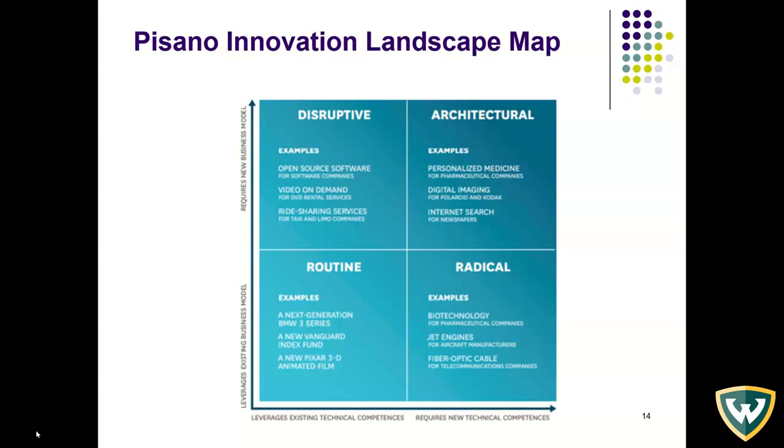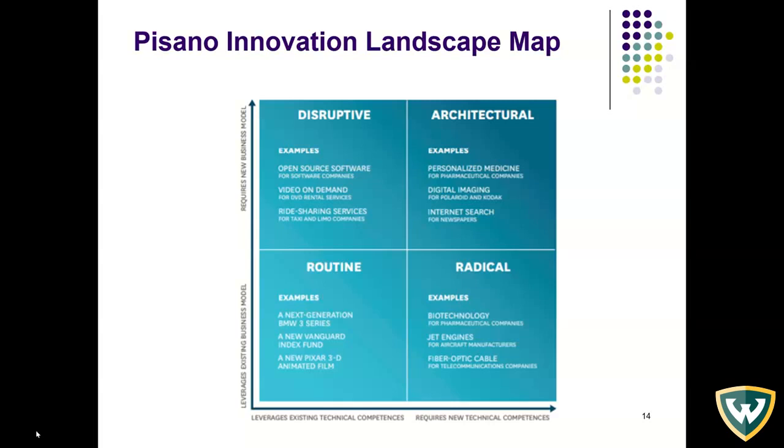So it's something that you can do every day, and most companies do routine innovation on a regular basis. This is new generations of products, maybe like the example here, a new Pixar 3D animated film, a new Vanguard Index fund, a new generation of BMW, or a new Ford Explorer.